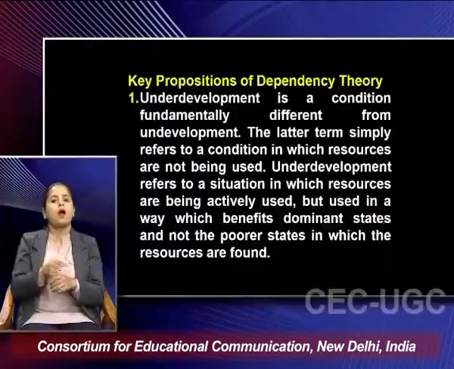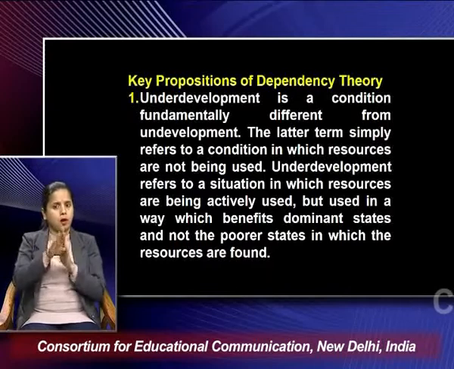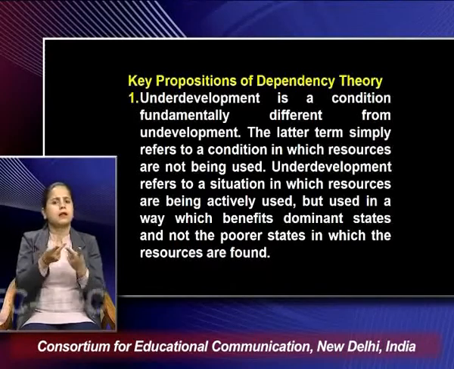Now there are certain key propositions of dependency theory. With the help of these key propositions, we can understand dependency theory better. So what are these key propositions? The first one is that underdevelopment is a condition which is fundamentally different from undevelopment.